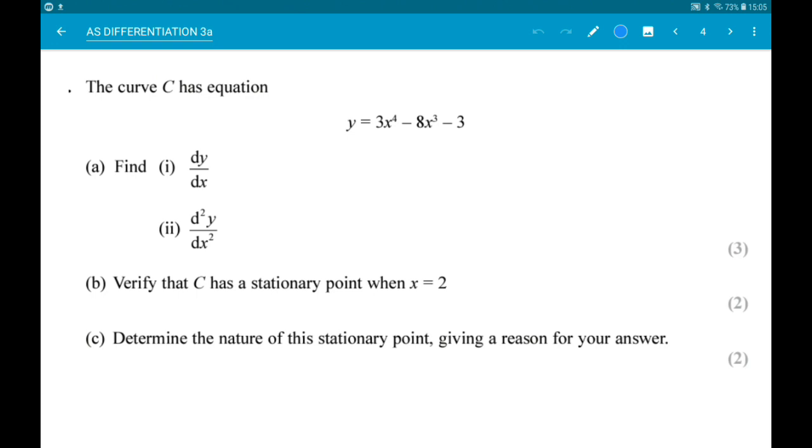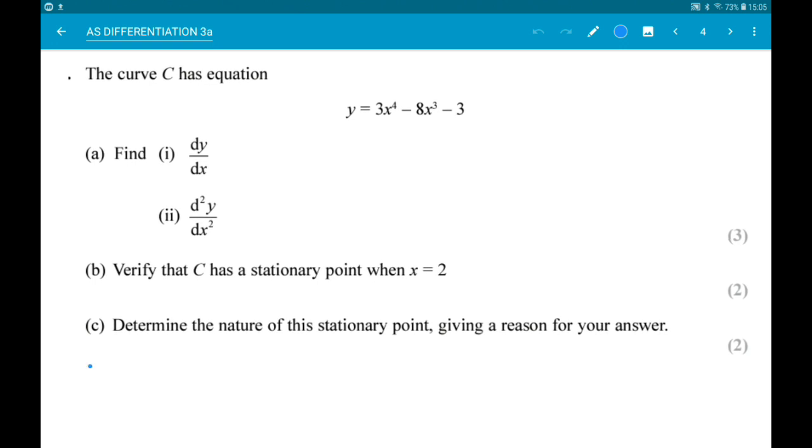Alright, so dy by dx is 12x cubed minus 24x squared.